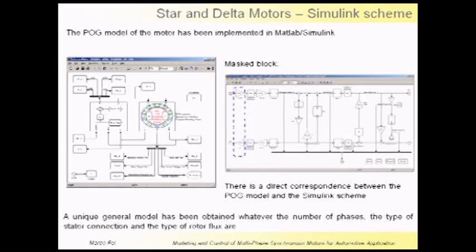So you can see the connection matrix, the transformation, the electrical part, the torque vector, and the mechanical part. The most important advantage of this model with respect to others is that a unique general model has been obtained, independent from the number of phases, the type of stator connection, and the type of rotor flux. So this is a very general model.